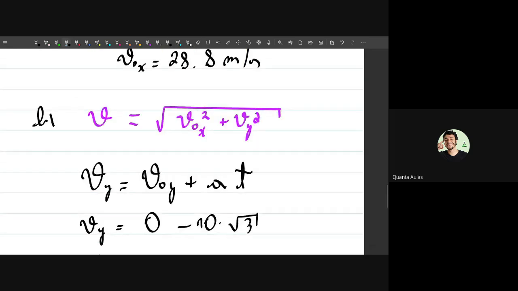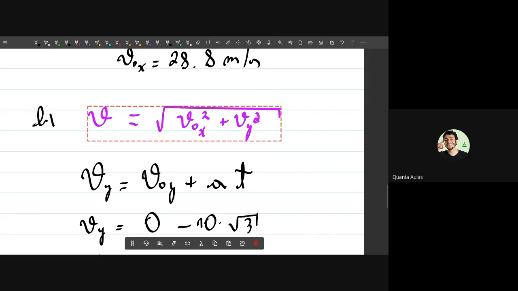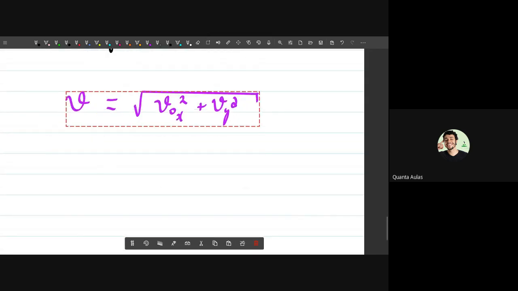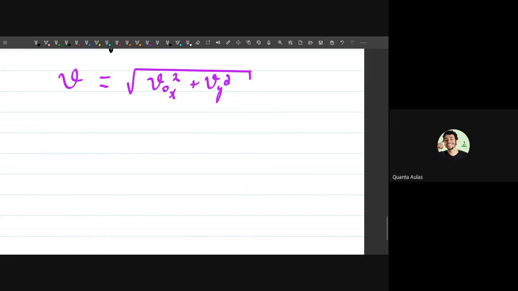But we will use the square here. So the square root will disappear, and our value will be more rounded if we use the square root form of the value. Okay.